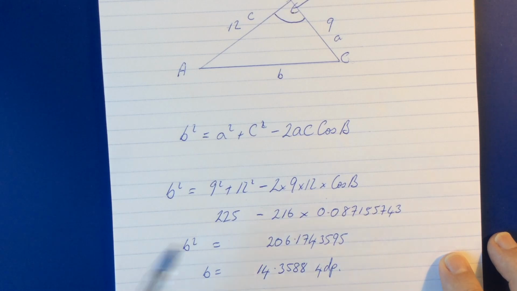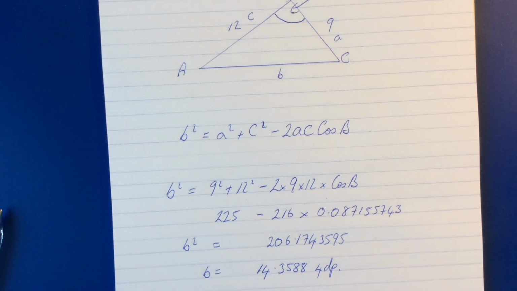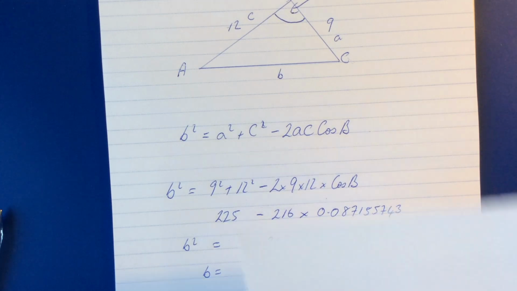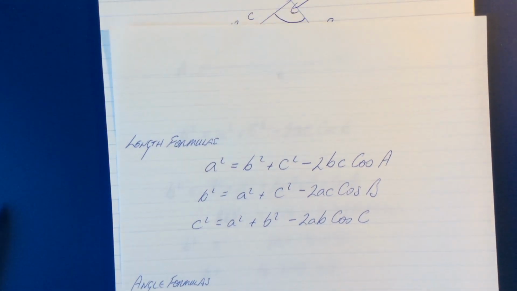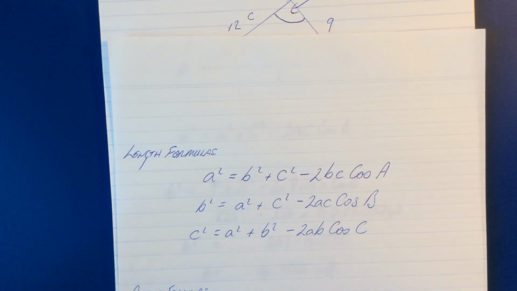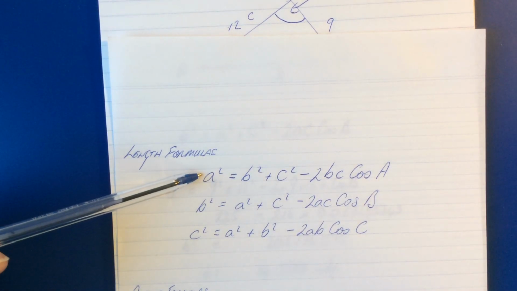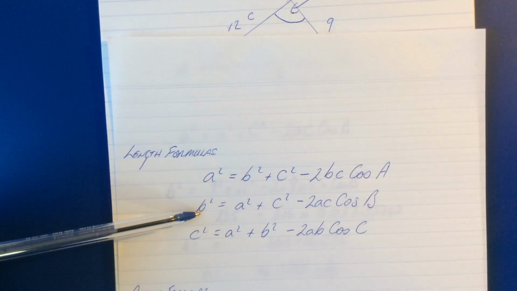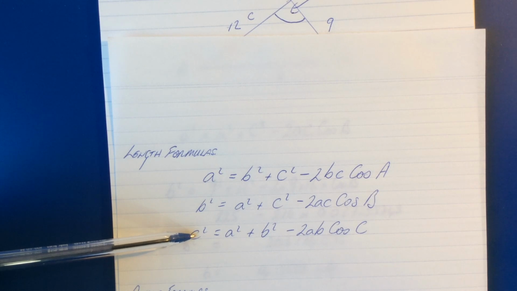Okay, so as promised, here are the 3 formulas that you can use to find length using the cosine rule. If you're looking for length A, you use this. Length B, you use this. Length C, you use this.